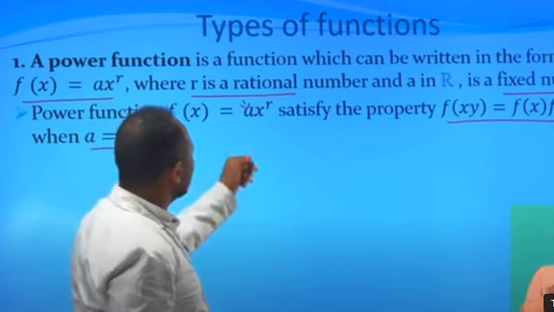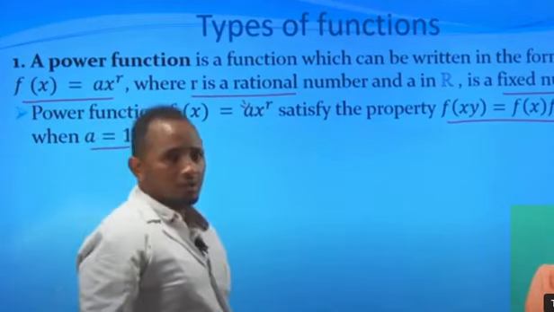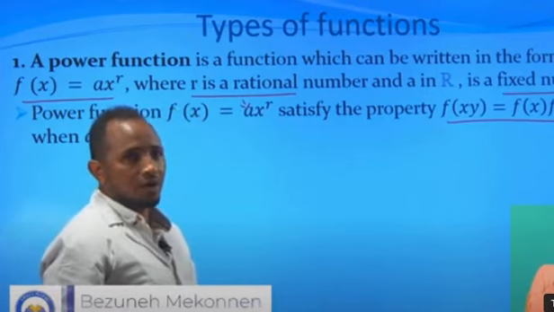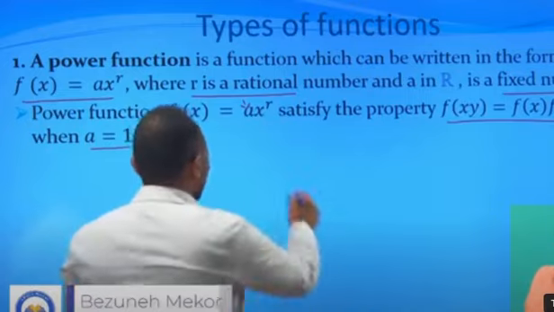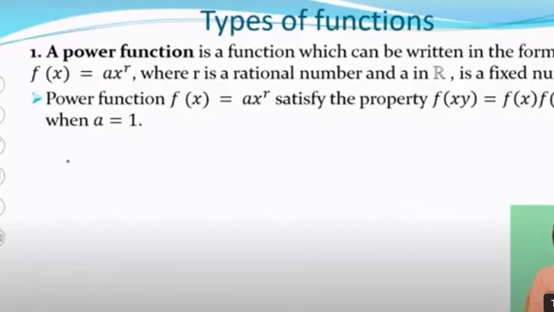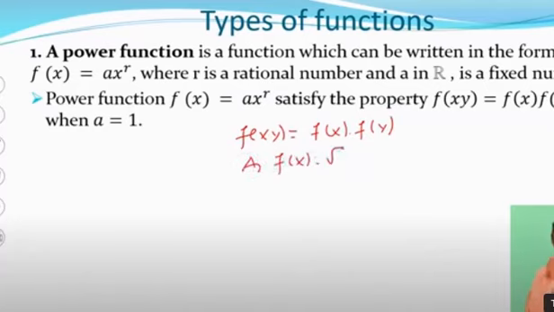If a is 1, f of xy gives you f of x times f of y. Otherwise, it doesn't. So, for example, from this set, which one satisfies the property f of xy is equal to f of x times f of y? A, f of x is equal to the square root of x.